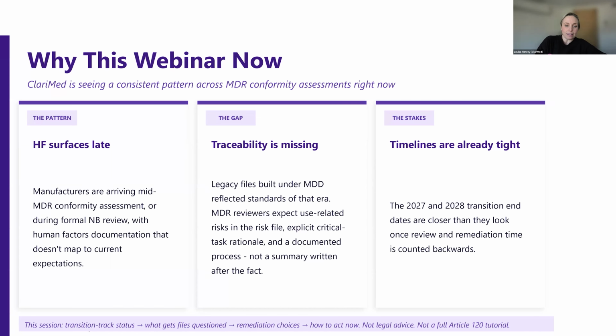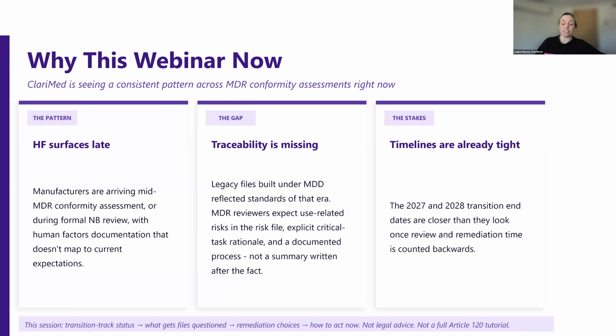But a lot of people are getting caught out in this, and I'll go through a few of the stage gates that are coming up, particularly because companies are being made to recertify under MDR, and then it's coming up that they haven't done the original human factors work required.